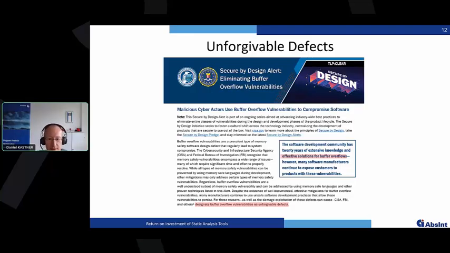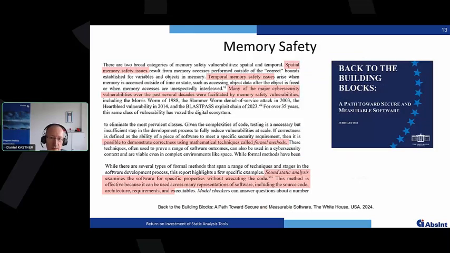Interesting as well is this White House report, Back to the Building Blocks, the path towards secure and measurable software. And again, they said, well, if you look at many current cybersecurity issues, so here you find the text here, well, actually, they were caused by memory safety issues. So that also shows the relation between cybersecurity and safety. So there is definitely a relation.